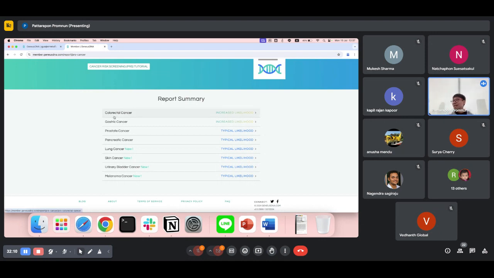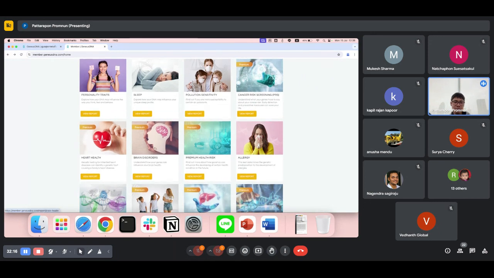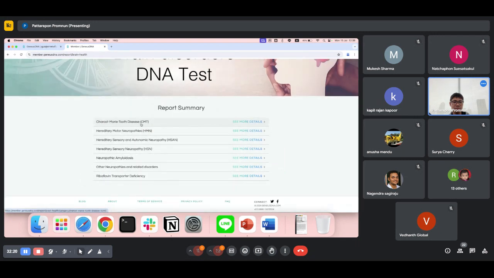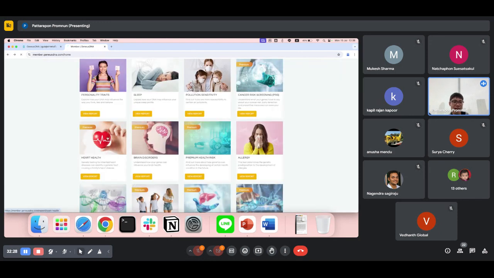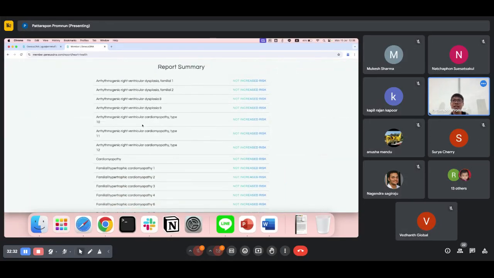There's an interesting one, Alzheimer. Alzheimer is a brain disease. You may not have heard about diseases in brain disorder and heart health because these are deep, difficult diseases that people can hardly understand, but we also report them.